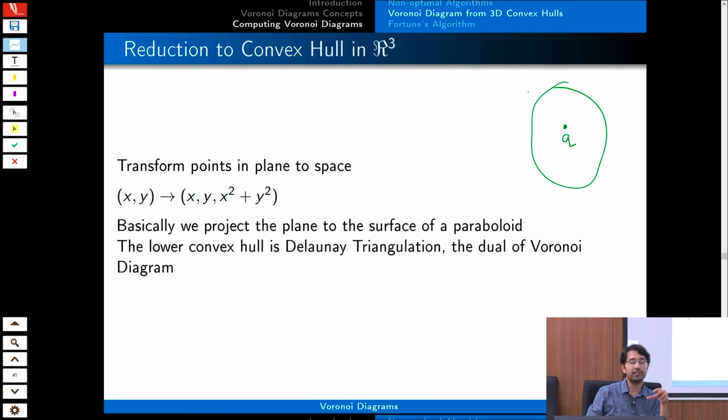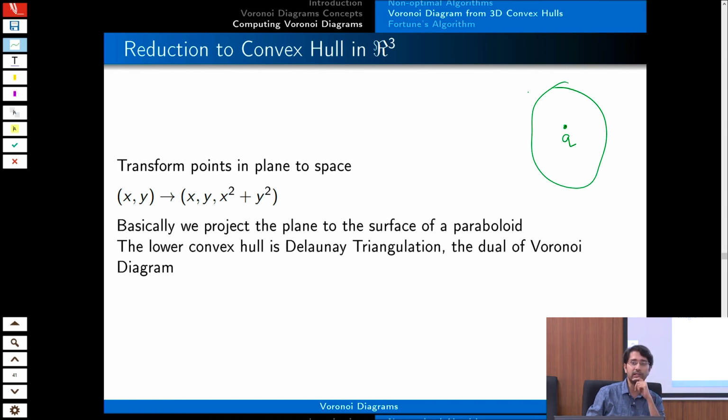You can show that the Voronoi vertices are all possible maximal empty circles. I am not talking about the infinite circles which are outside the convex hull. So, our objective is to find maximal empty circles.